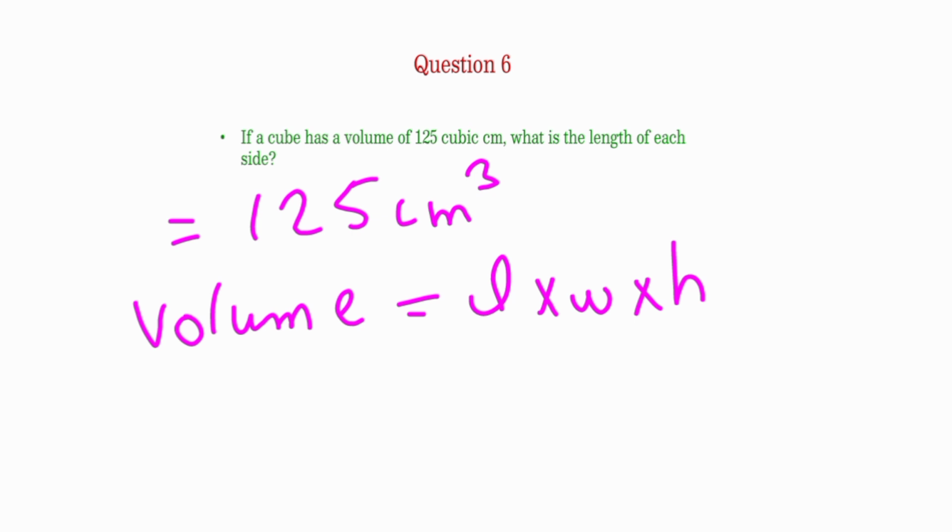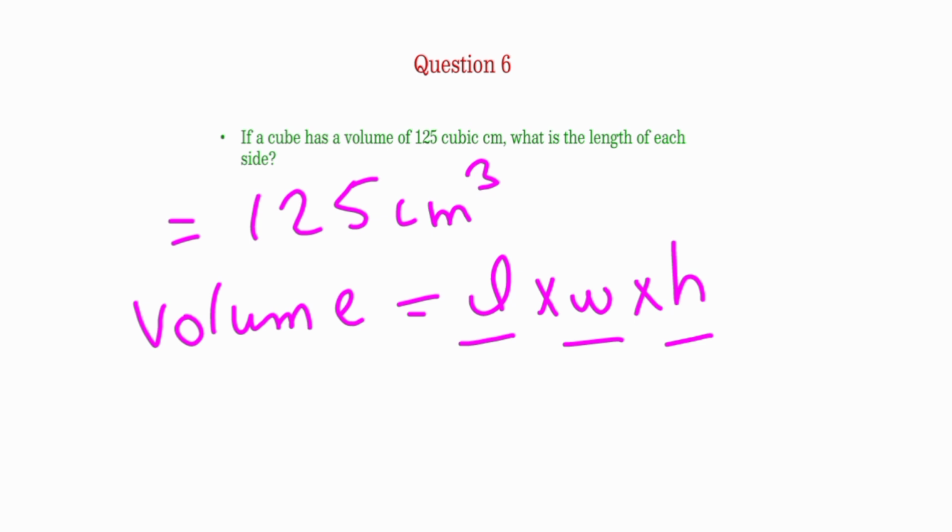Now we know very well that a cube has all the sides equal. That means a cube has faces that are squares and all of the sides are equal. So the number that is taken as length, width and height is exactly the same. So we just need to find one number that we multiply as length, width and height. We should get 125 cubic centimeters.